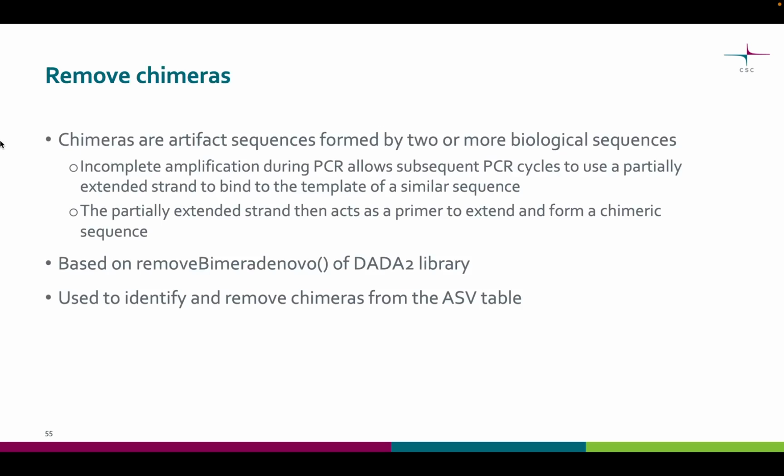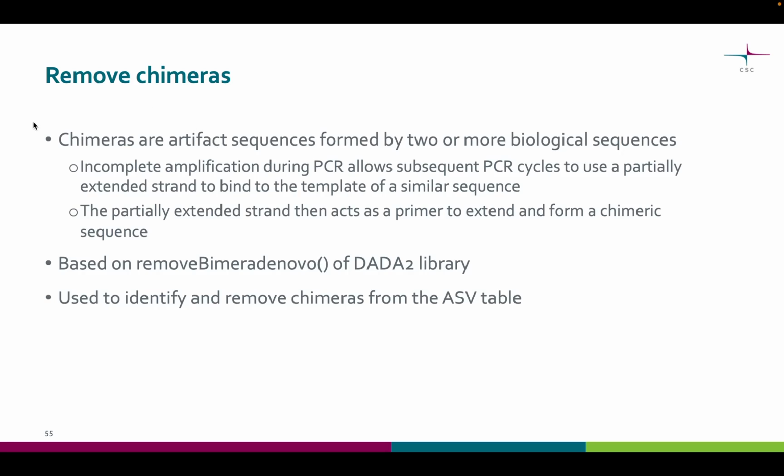So now we have created the ASV table, but we need to remove the chimeras. In Chipster that can be done with the same tool. To remove chimeras from the ASV table, the removeBimeraDenovo command of the DADA2 library is run. But what are chimeras? In short, those are artifact sequences which are formed by two or more biological sequences.